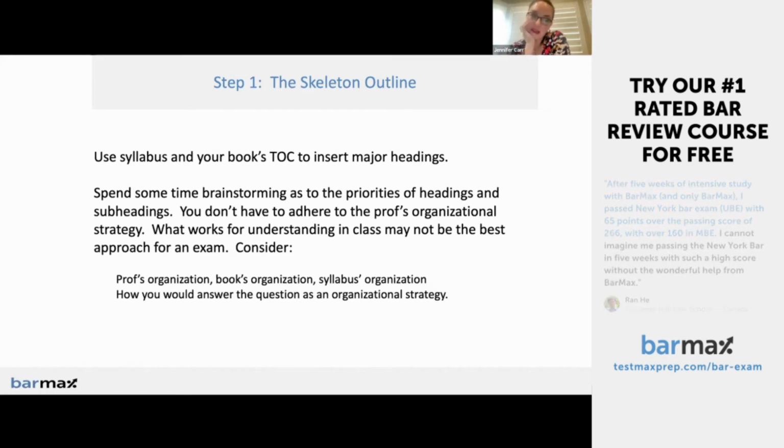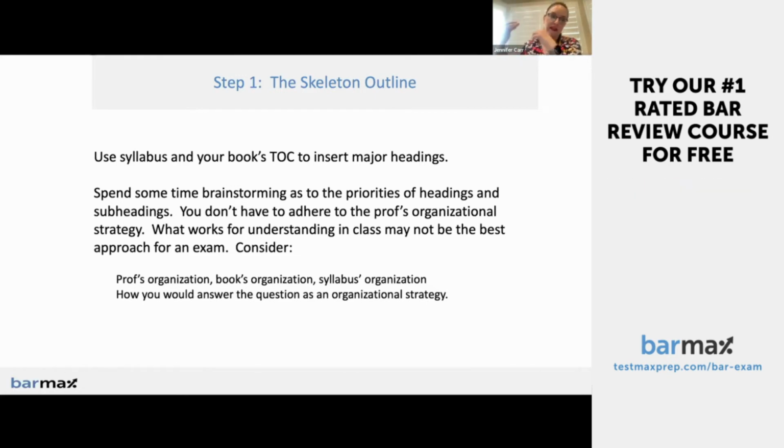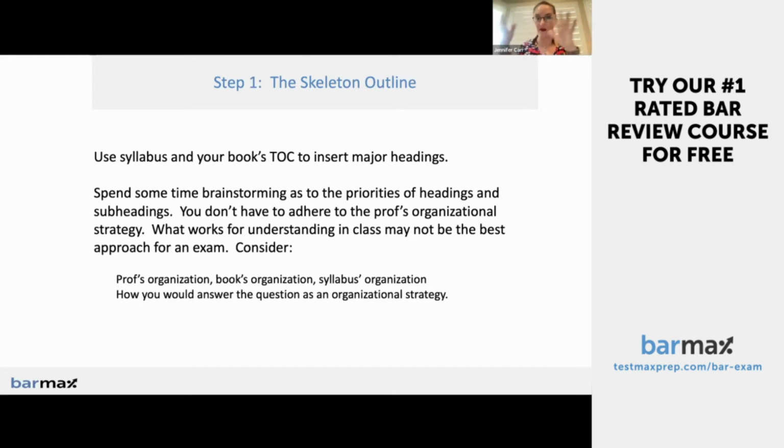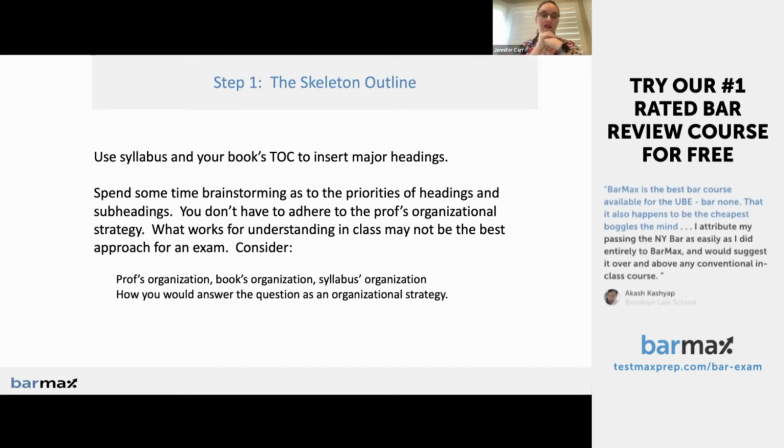I want you to think about how they're going to fit in organizationally, right? You don't necessarily have to adhere to your professor's syllabus. You don't necessarily have to adhere to your book's table of contents. And the way that your professor teaches the class may not be how you choose to use the information on an exam.